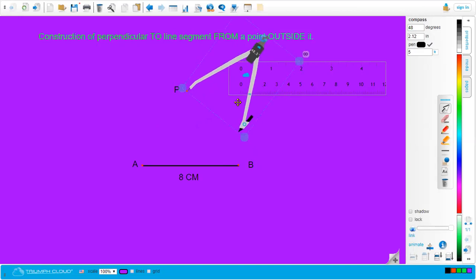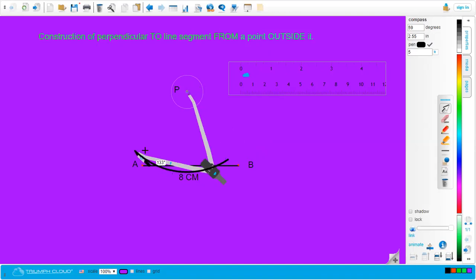We can use any radius of this compass, any arc. Let's cut the line segment from this point P.